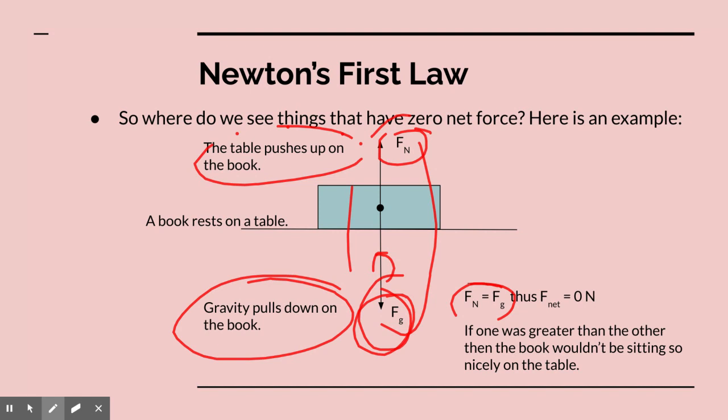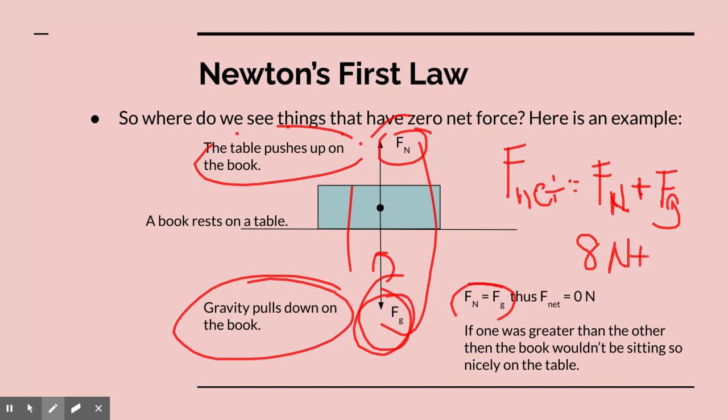Or you could say that the quantity of your net force, if your net force is in a positive direction, would be the normal force minus the gravitational force. Well, let's say the normal force is 8 newtons, or actually plus, sorry, it'll be plus.